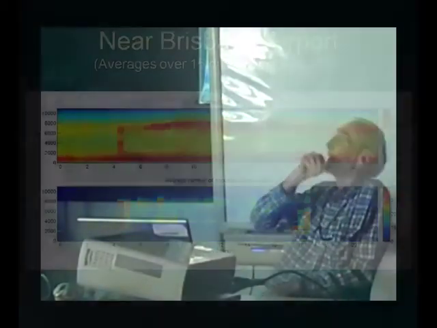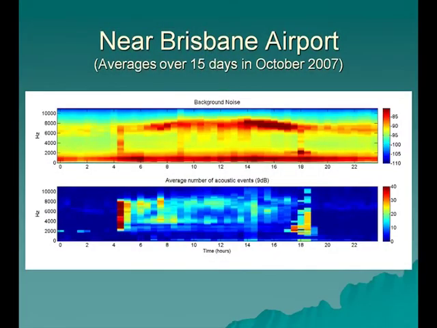Stuart had already, in some of his data, been getting towards this kind of thing. So this is the acoustic landscape for a site near Brisbane Airport, averaged over 15 days in October 2007, where the x-axis is midnight to midnight.